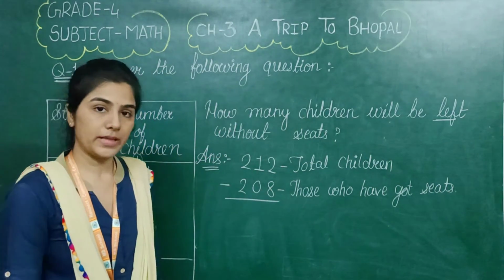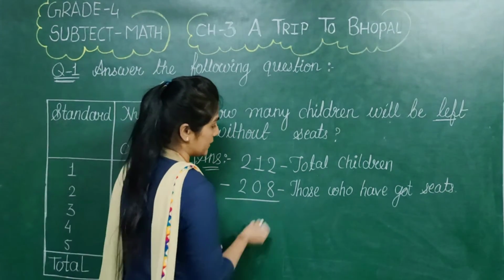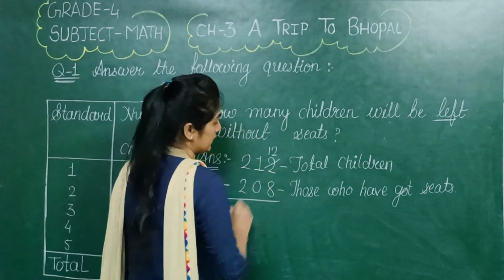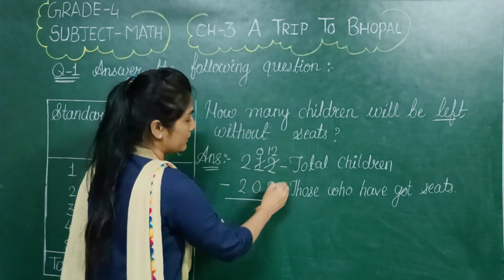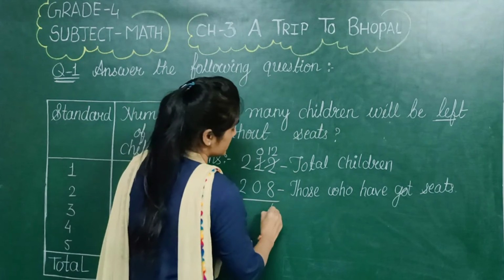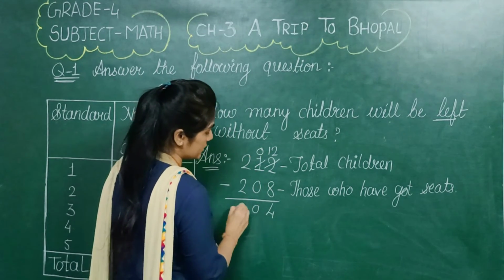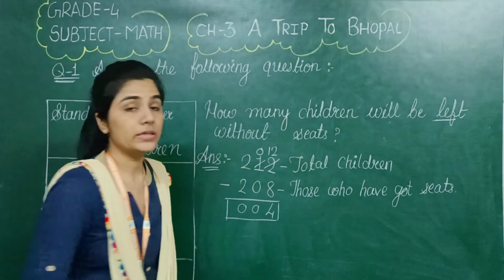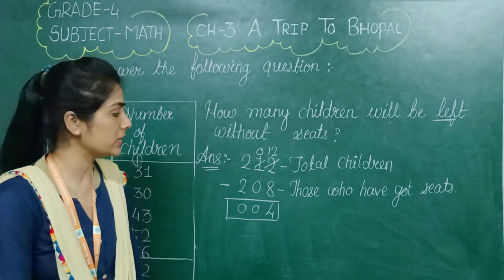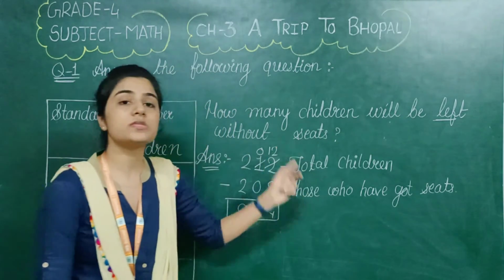If we do the subtraction here, we will get the answer. This is not a simple subtraction. We have to take 12. After that, one number is left, which is 0. So 12 minus 8, that is 4. 0 minus 0, 0. 2 minus 2, that is also 0. So we are getting 4 as the answer. That means we can say that 4 children will be left without seats.